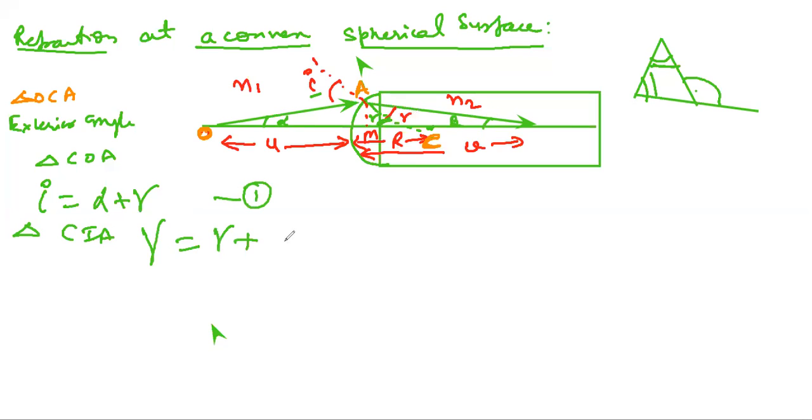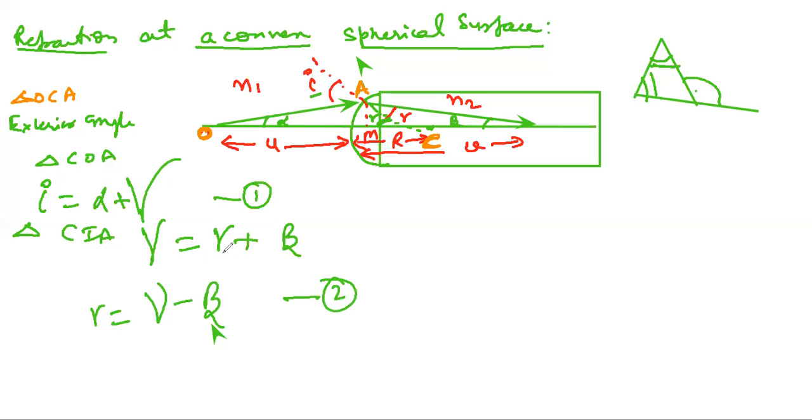Make the gamma symbol a little bit bigger. So what will be R? R is equal to gamma minus beta. Are you following?